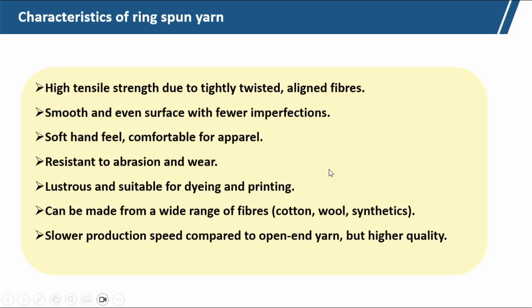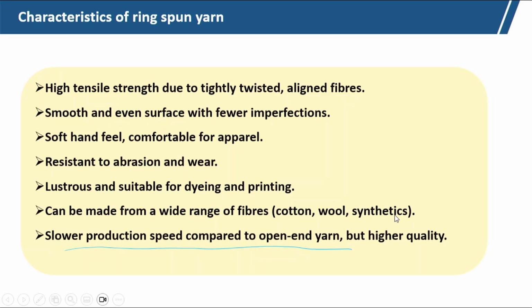And as I have mentioned, due to the clubbing of twisting and winding, and due to the limitation of the traveler speed, slower production speed is there compared to open end rotor spinning or any other spinning.